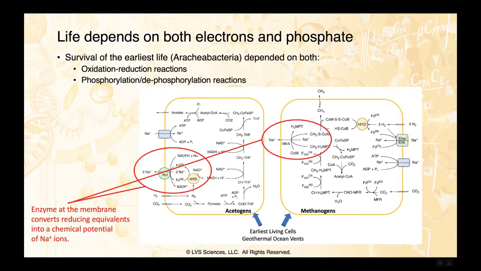So you've heard of the proton motive force. We spend a lot of time in one of the chapters in the book talking about the proton motive force, but it's not limited to protons. In fact, in Archaebacteria, sodium is substituted for protons. So the earliest forms of life used a sodium ion gradient to generate a chemical potential.